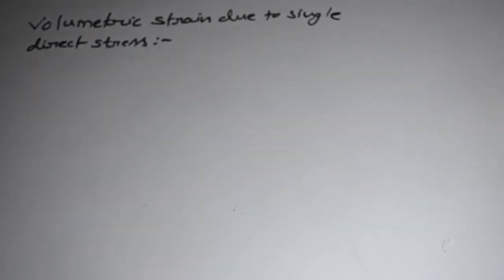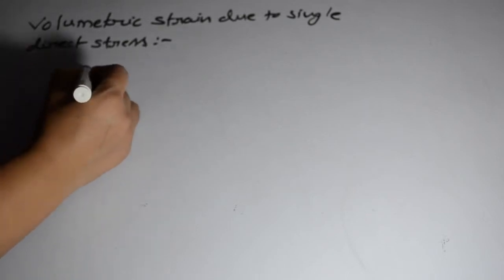So for this, I am considering a rectangular bar of length L, width B and thickness T, which is subjected to a direct stress P along its longitudinal axis, and the stress will be tensile in nature.